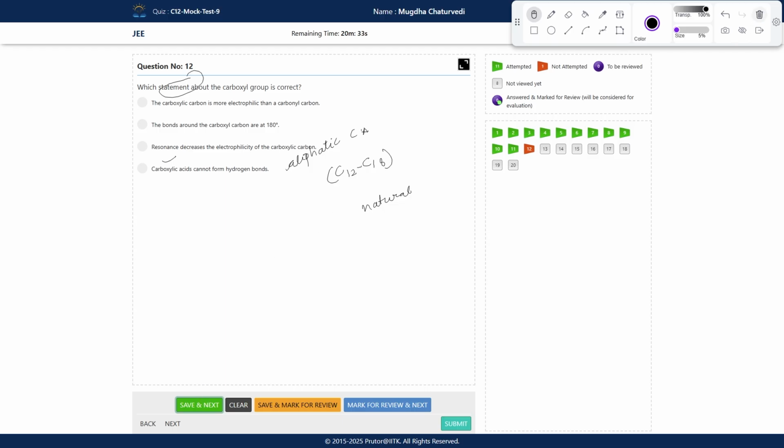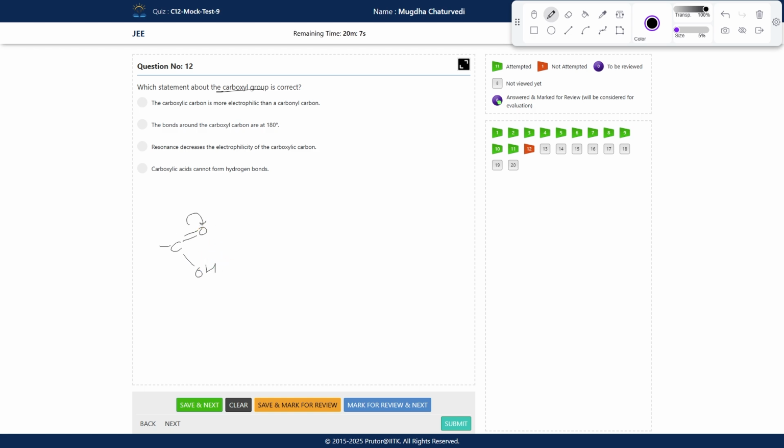In next question, it is asking which of the following statements about carboxyl group is correct. So if you see in case of carboxyl group, then what happens? The resonance in carboxyl group, it delocalizes the negative charge. Okay, we know that in carboxyl group there is resonance. This is C double bond O and OH.